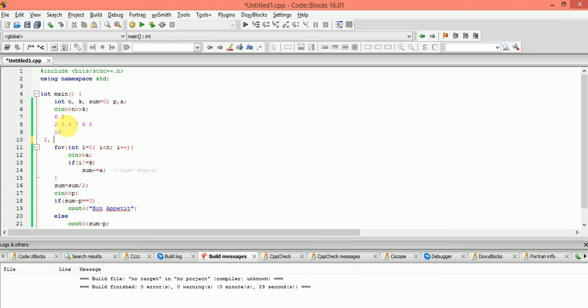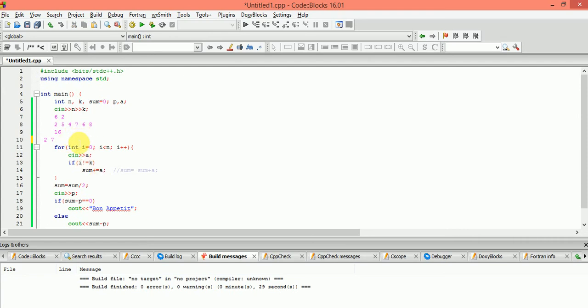After that it takes the input 5, whose index is 1. 1 is not equal to 2, so again it will be added, and it will be 7. Next it goes to 4 as the input, but the index is equal to k, so it will not add it.